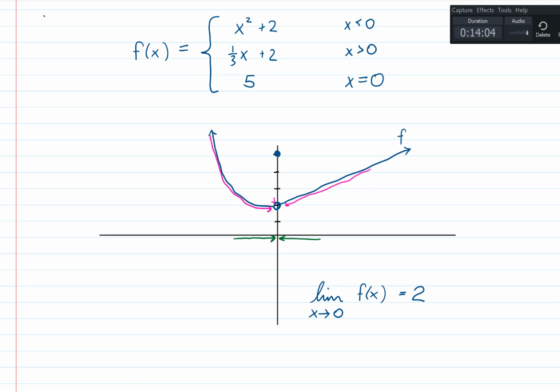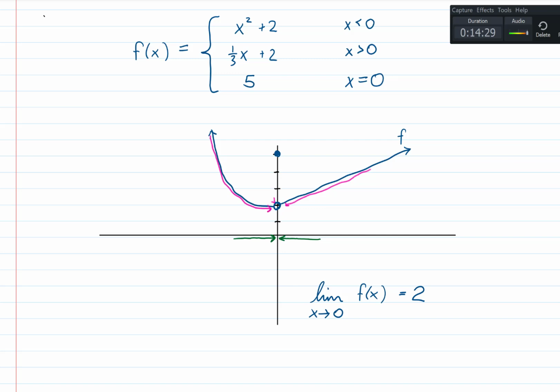Do they ever get to 2? No, they don't. There's actually a hole there. They never actually reach 2. But that's okay, because I'm talking about x approaching 0. I'm not saying that x is actually reaching 0. And that's super important.